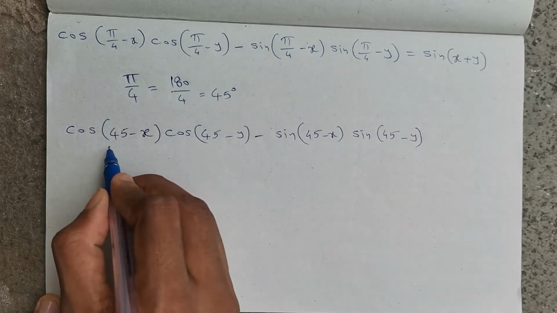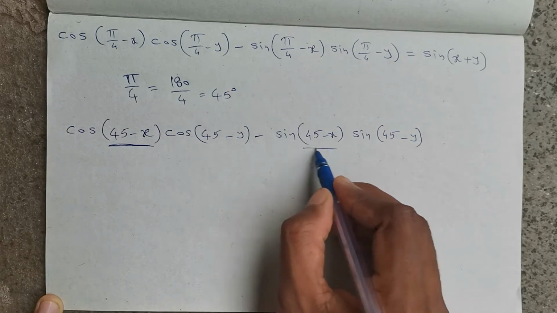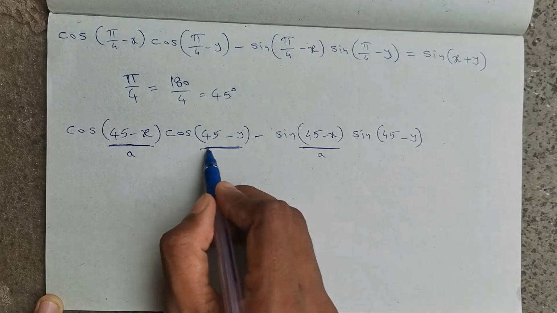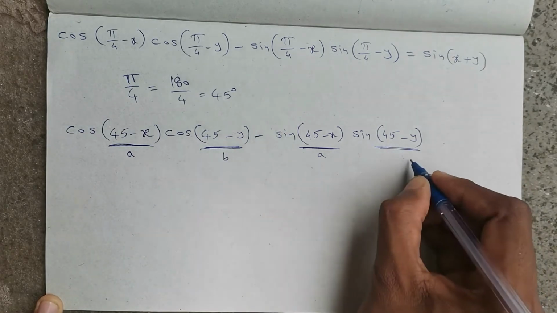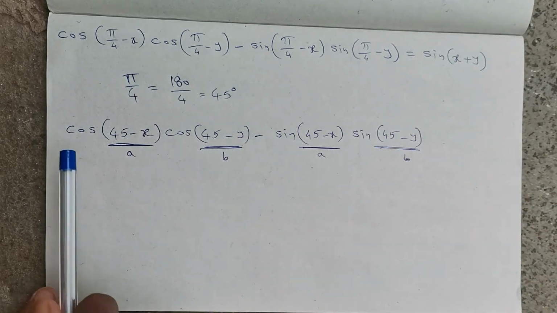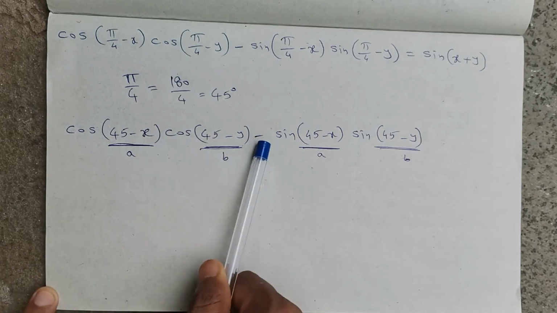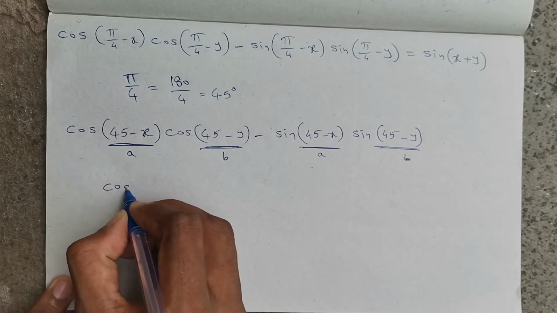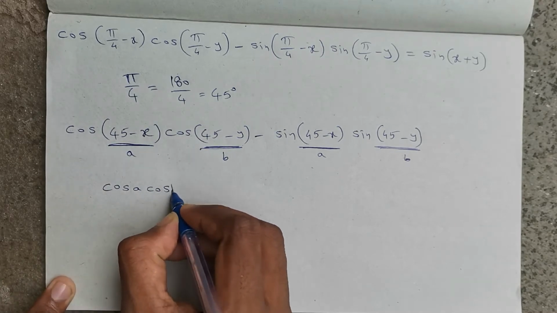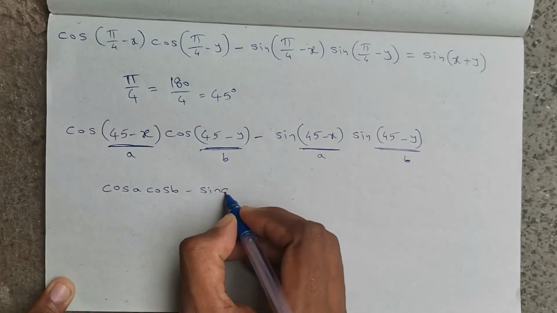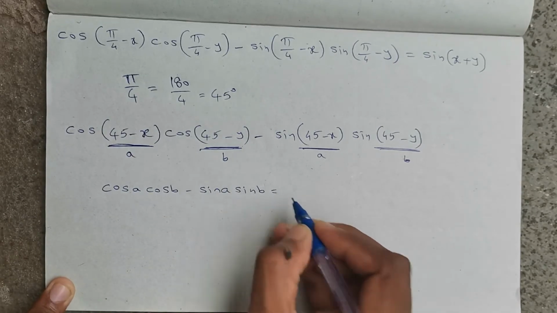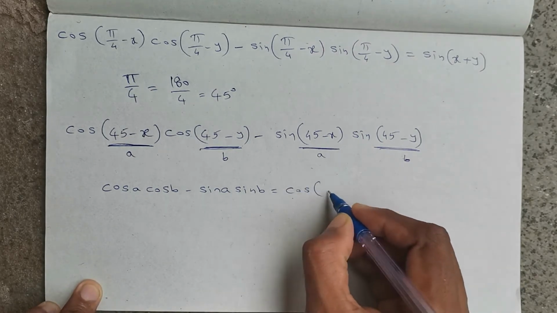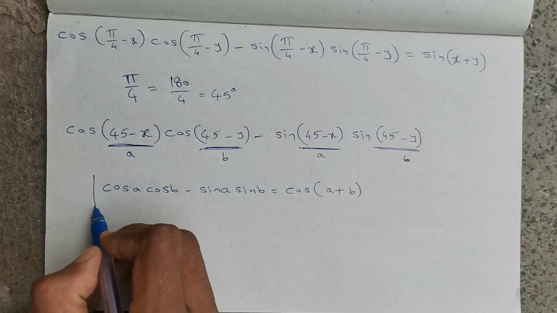If I am taking this 45 minus x as a and 45 minus y as b, now this is in the form of cos a cos b minus sin a sin b. Cos a cos b minus sin a sin b is nothing but cos of a plus b.